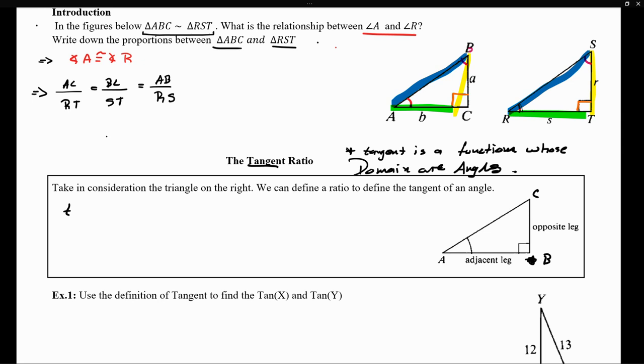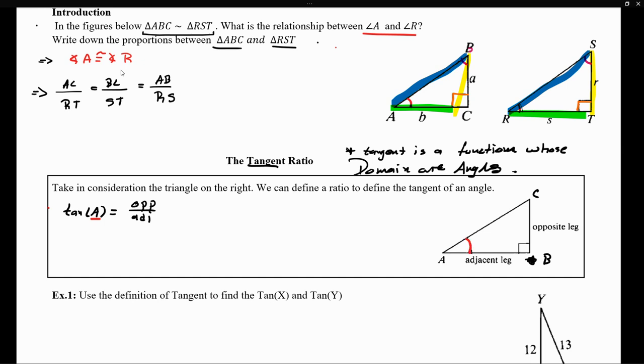And what output does it give me if I plug in angle A? Well, tangent is always going to be defined as opposite over adjacent. And what do we mean by opposite over adjacent? First, notice that right now we're taking a look at the tangent of angle A. So let's locate where A is.